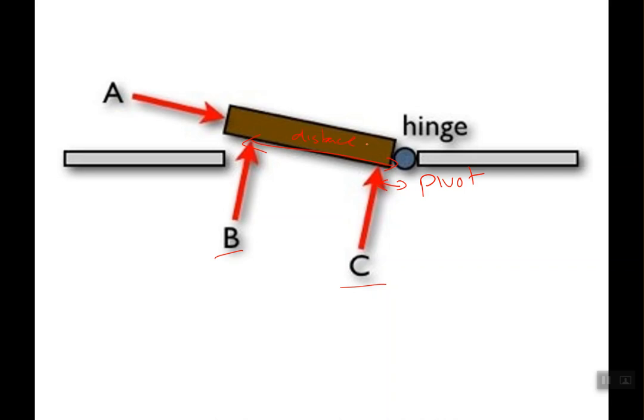If you look at this force here, that's the distance away, and technically that there is 180 degrees. Because of that, if you apply a force there at A, you won't really have a moment at all. It won't cause the door to turn.